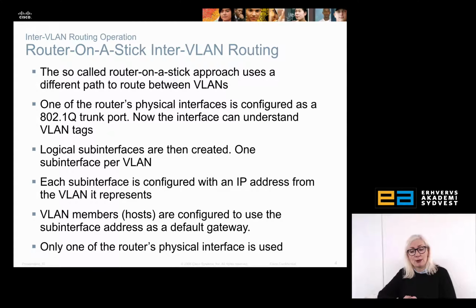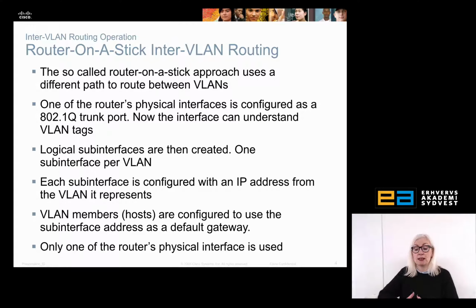Then we have something called router on a stick, where we use trunking, and we set up trunking to work with the routers as well. In this case, we use the 802.1Q protocol for trunking, which is also the one that we are using on the switches. And we create sub-interfaces that can read the VLAN tags. So the different sub-interfaces will belong to the different VLANs, and we have one sub-interface per VLAN.